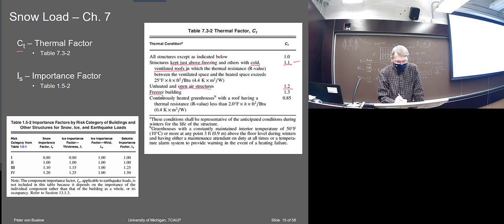If you deliberately make the roof cold, like a freezer building, then the factor is even higher. And otherwise, if you have a slightly heated roof, not the ventilated roof, then you'd be at 1.0. The other odd condition would be a greenhouse where you deliberately heat the roof.